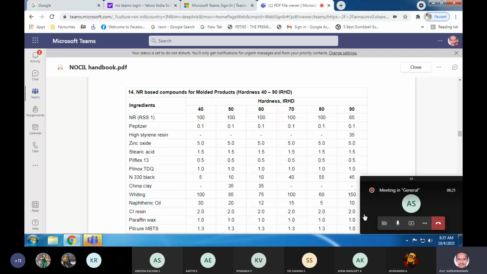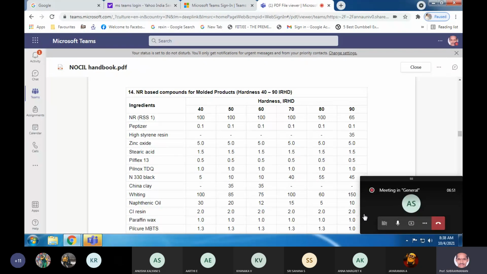Open mill mixing containing peptizer. So with the peptizer in open mill mixing, the mastication becomes faster. The peptizer could be Renacid 7, that is the zinc salt of pentachlorothiophenol. The pentachlorothiophenol itself is used in certain cases.